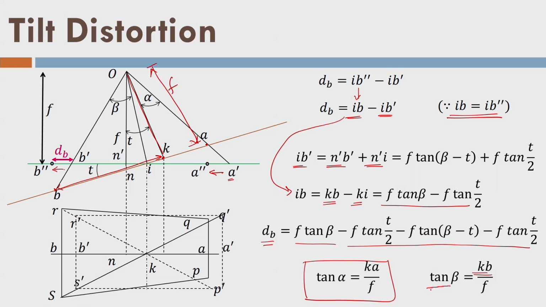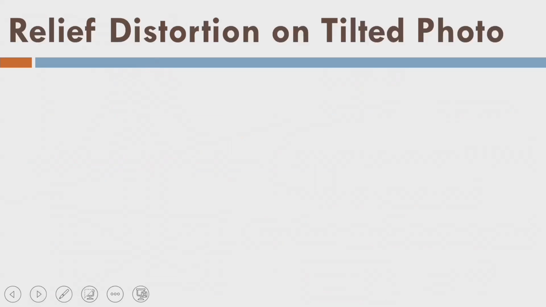So, I can find out tangent beta also, tangent alpha also, focal length is known, tilt is known. I can find out what is the dB or the tilt distortion of point B. So, you can find out for any point, and that is why we have taken 2 points. One is below the photograph and one is above the photograph. That means, this point B is below the vertical photograph and this point A is above the vertical photograph in the tilted plane.